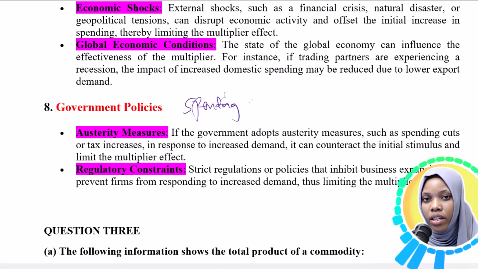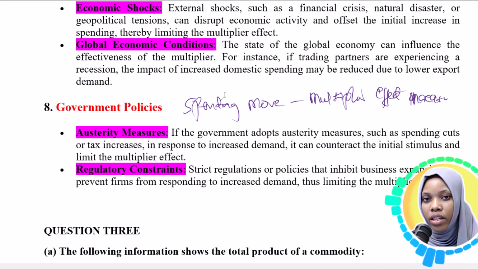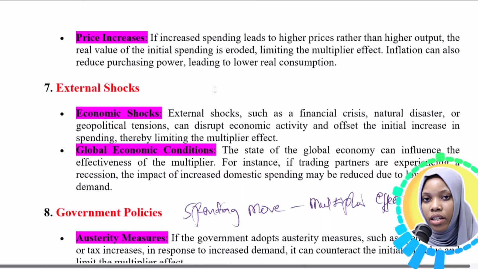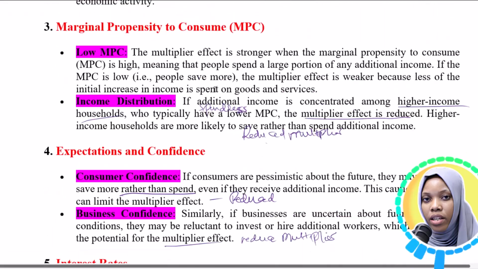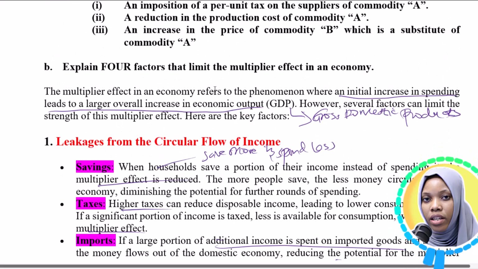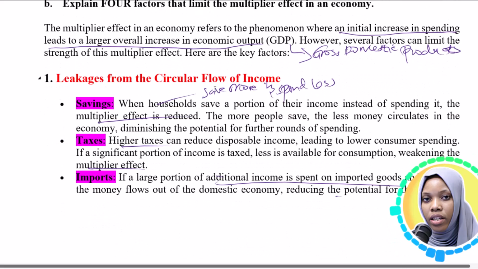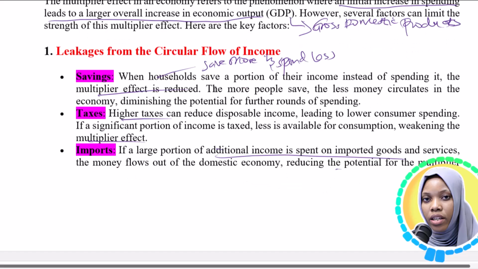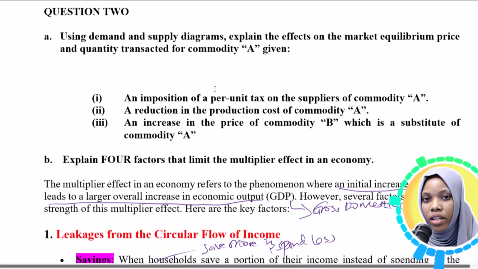Whoever spends more, then the multiplier effect increases, and spending less limits the multiplier effect. So all the factors are going to be explained through spending and the effect on the multiplier.